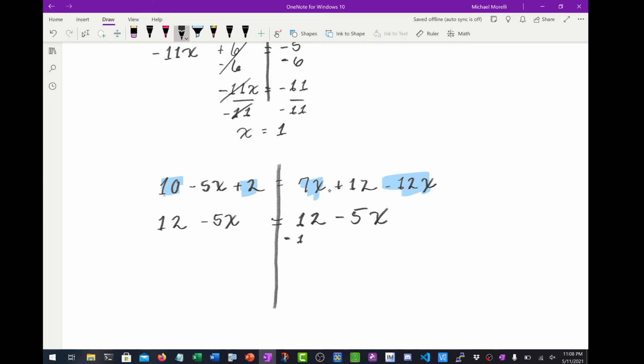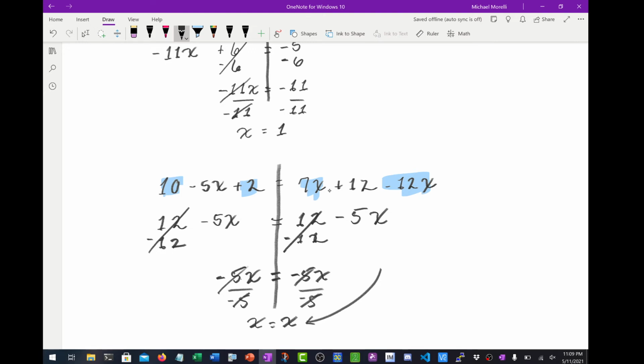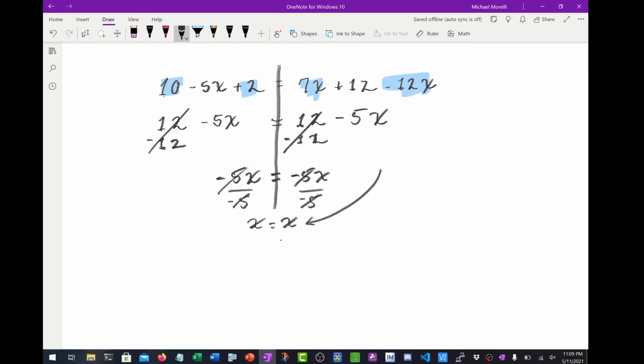So I'll subtract the 12s out. And I have a unique situation here. Negative 5x equals negative 5x. Let's go ahead and carry this out to its conclusion here. If I divide both sides by negative 5, I see that I have x equals x. So in this situation, if I were to keep going, I would subtract x from both sides.